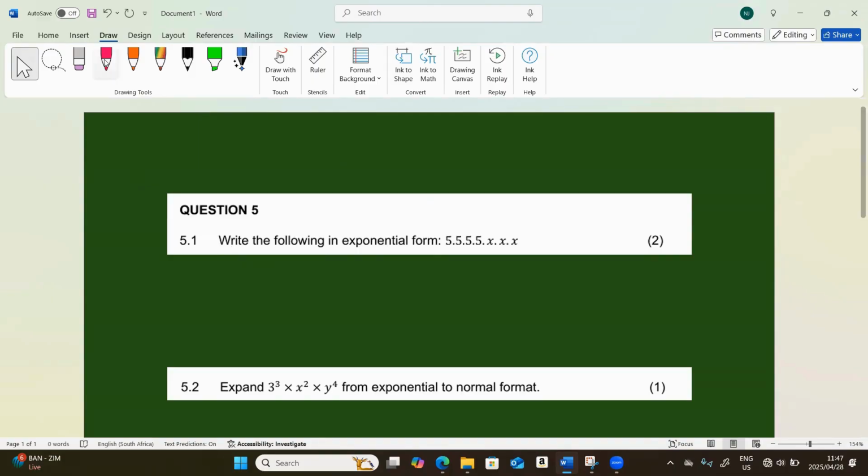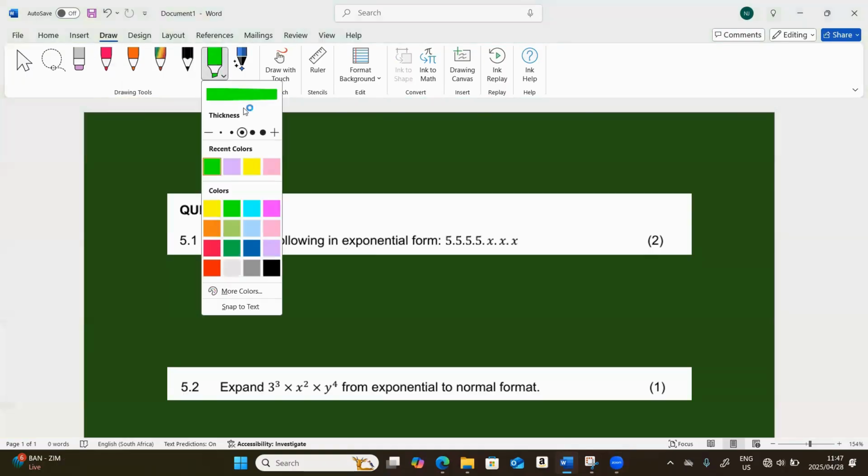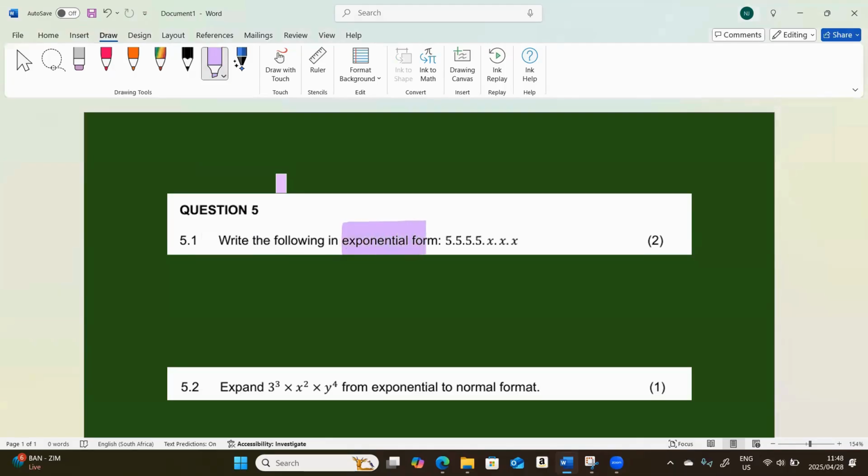Okay, so let's first have a look at the word exponential form itself. Let's rather use a highlighter. Write the following in exponential form. Let's first discuss what that means. Exponents have a base with its power.